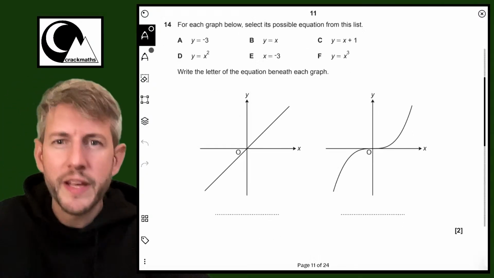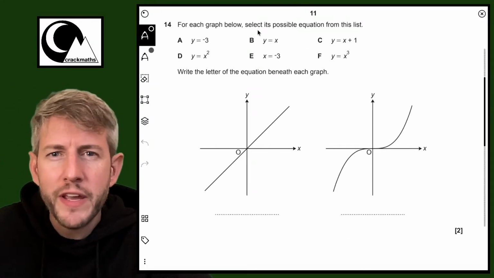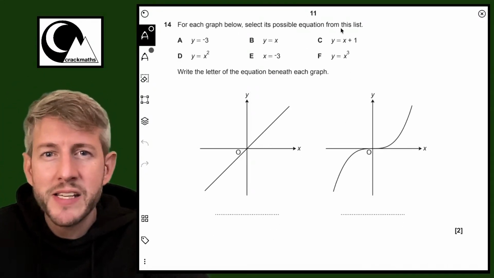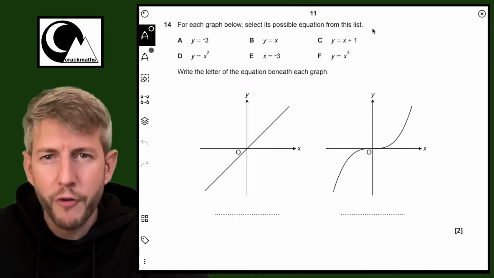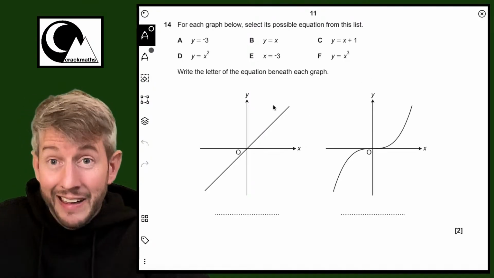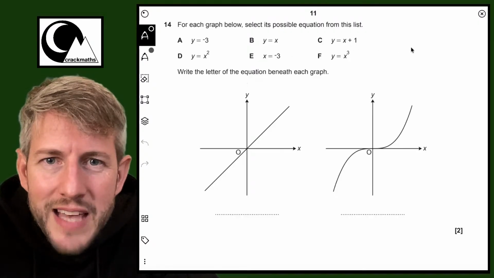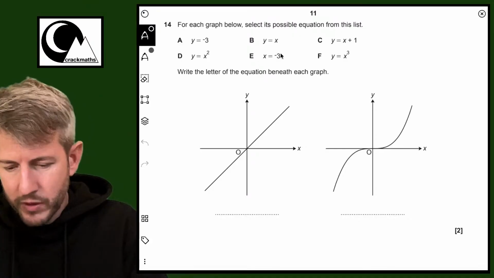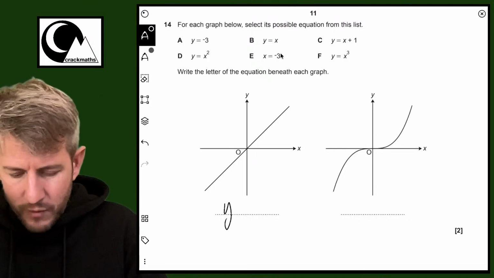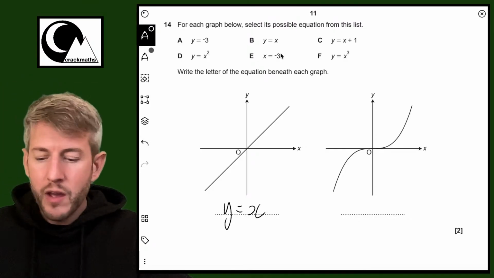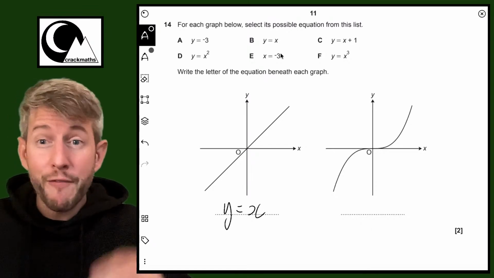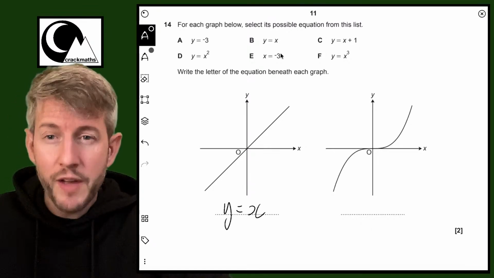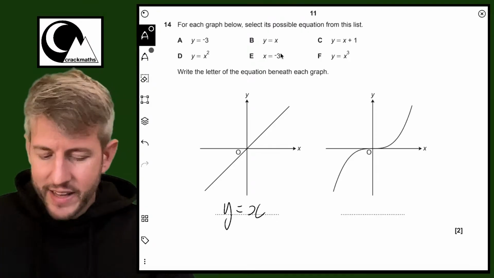Okay, so question 14. It says, for each graph below, select its possible equation from the list. Okay, right, so let's have a look. So y equals x, this is the graph of y equals x, this one here. I'll write it there, y equals x. It's called y equals x because everywhere on this graph, the y value is the same as the x value.